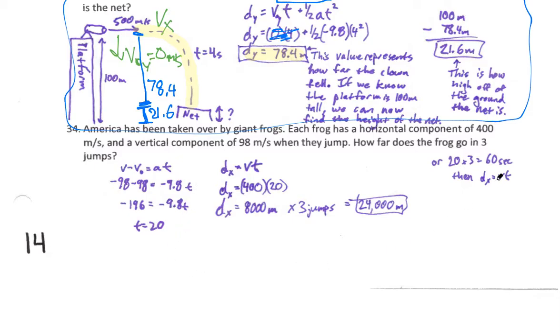Well, there's like 10 different ways of doing this problem. Probably the easiest, though, is just to figure out how long does one jump take them and then go from there. So really what I've got going on is I've got this giant frog that's jumping up, has an initial vertical component of velocity, at least, of 98 meters a second.